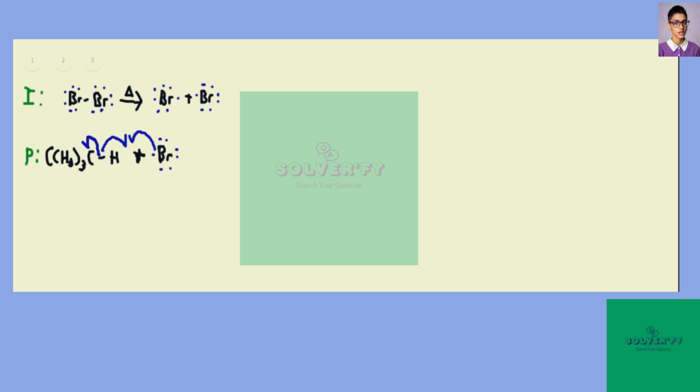After this step, we'll have this, with the radical on the carbon here, and we'll also have some HBr.